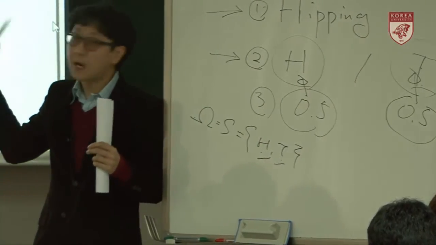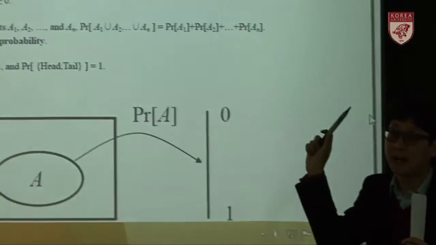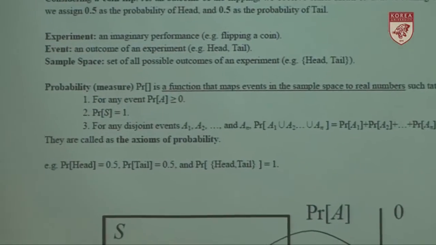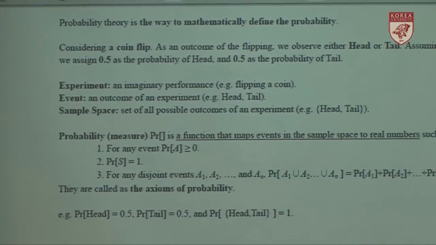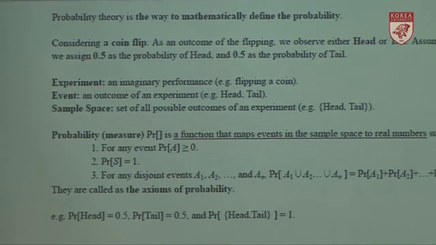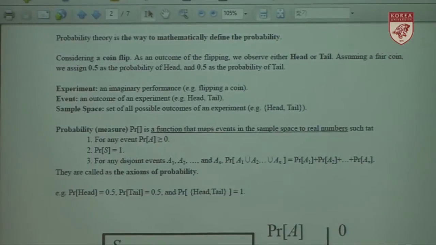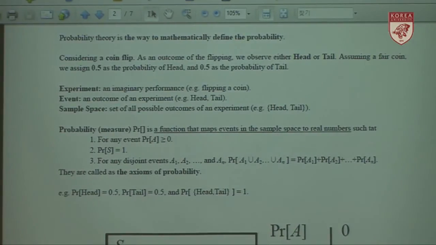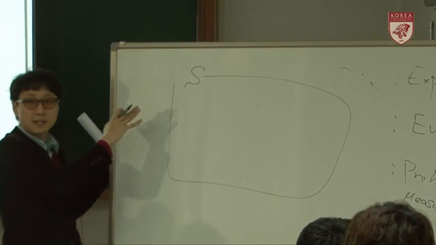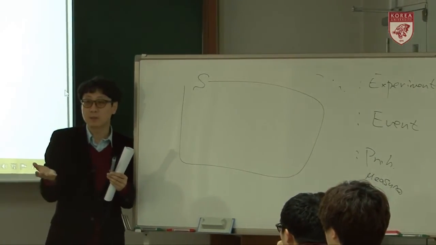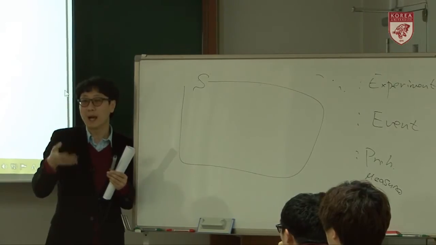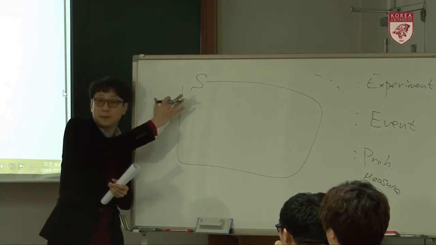And here, probability is defined in this way. Probability is a function that maps an event in a sample space to a real number. So this is a sample space, S. Again, when we perform an experiment, the set of all possible outcomes is the sample space.